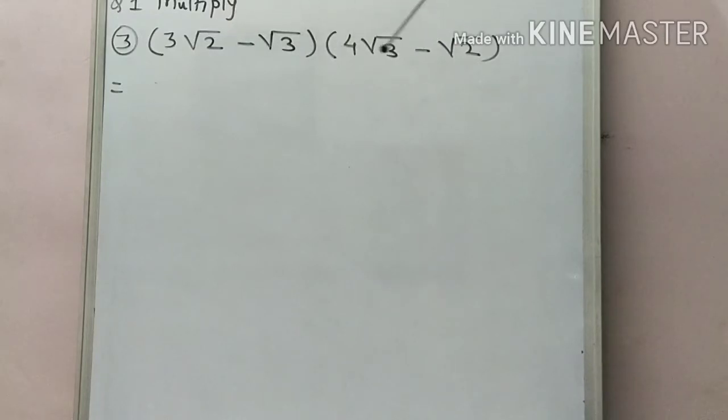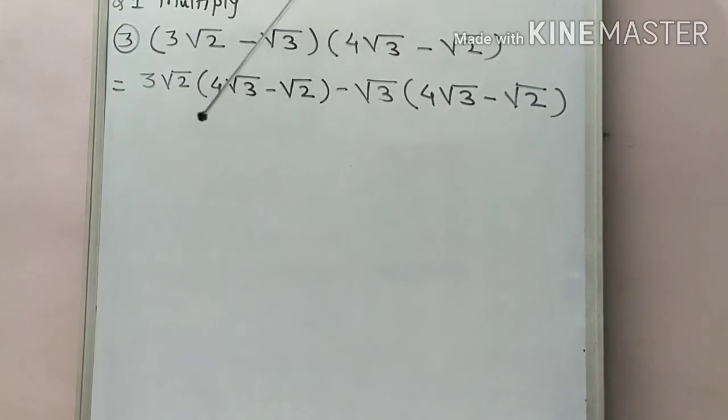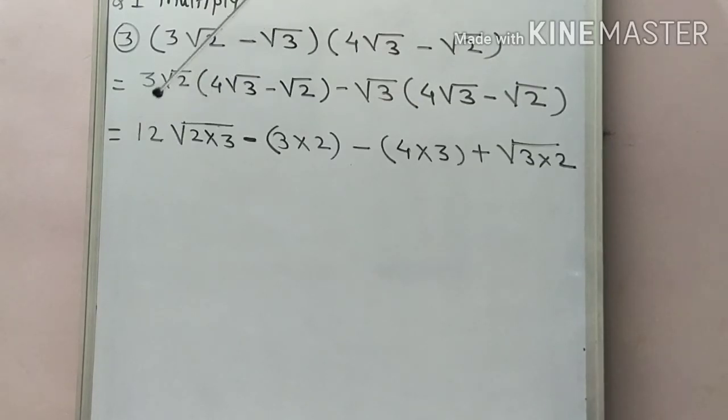Means we open the bracket here, and the first step is understood like this. The first term 3 root 2 into the whole second bracket, minus root 3 into the whole second bracket. Now we multiply 3 root 2 with each term, and similarly root 3 with each term. So do try. Like this: 3 into 4, we multiply the rational numbers, 3 fours are 12, and as you observe the order is the same, so we multiply the radicands, 2 into 3.